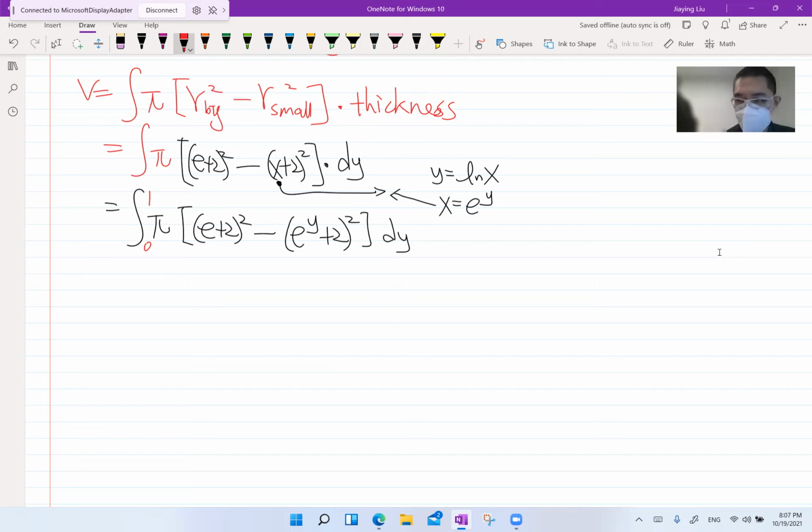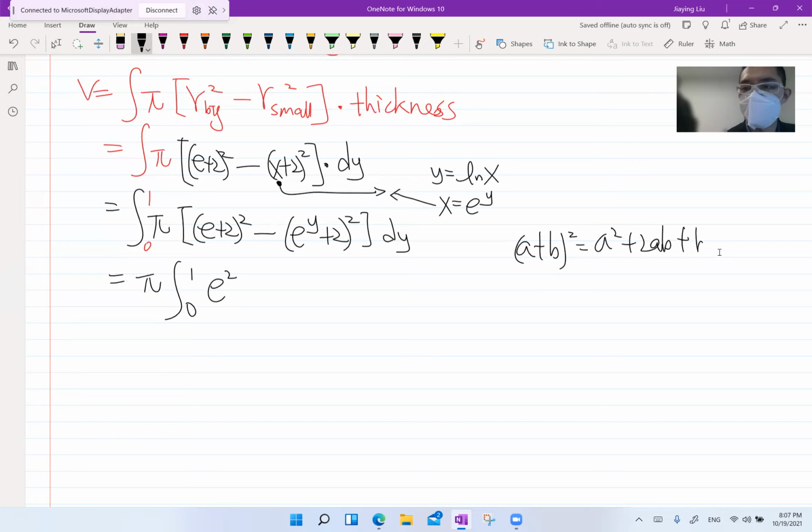I'm going to do two more lines, and I'll stop, I promise you. So the pi, I'm going to move it outside. Integral 0 to 1. I'm going to expand every term there. You don't have to, but you might find it easier. So we have e plus 2 squared. That's a plus b squared, giving you a squared plus 2ab plus b squared, right?